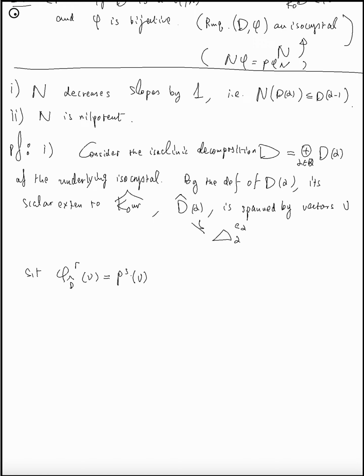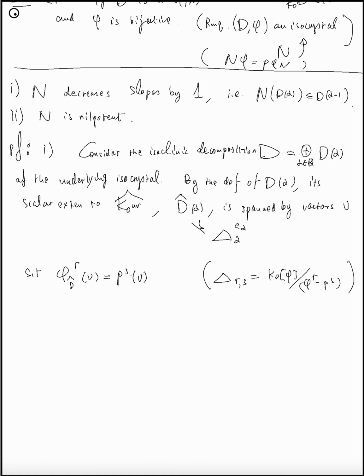Right? Why do we have this? Because recall that delta r s is K0 phi to the power r minus p to the power s. So phi to the power r equals p to the power s for vectors in this space.